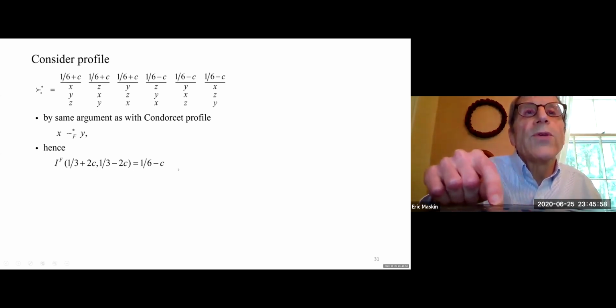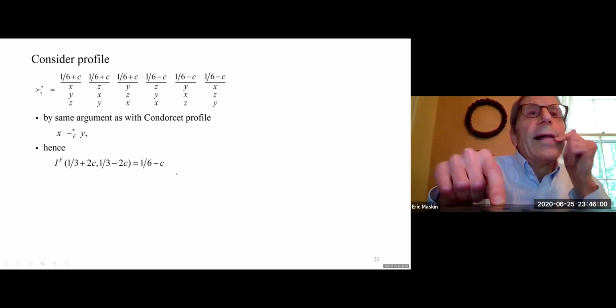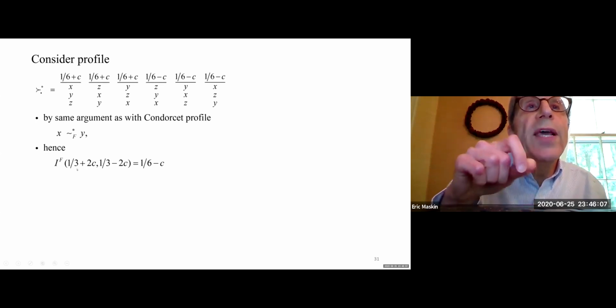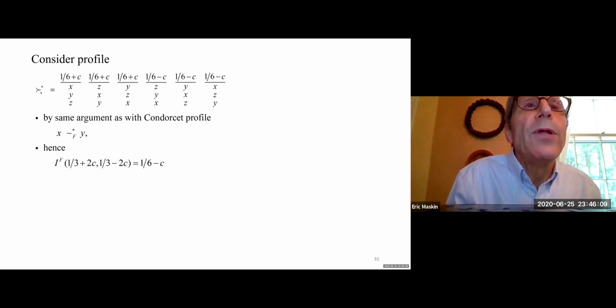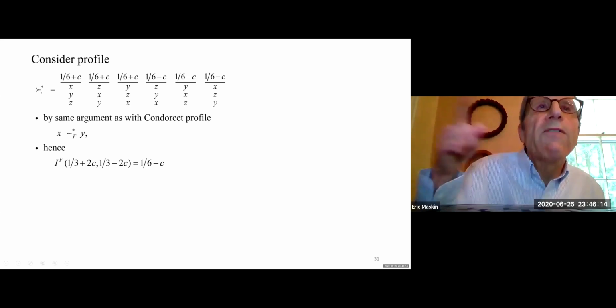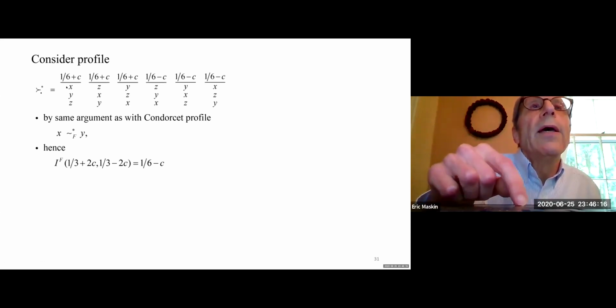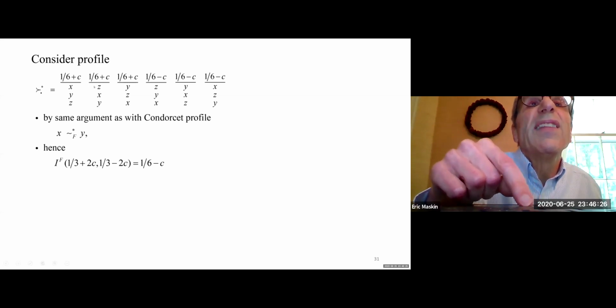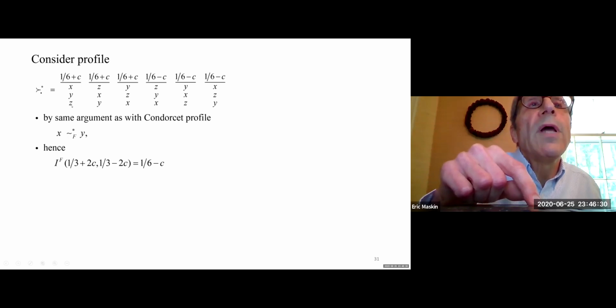Now, where does this come from? Well, this first number, 1/3 plus 2c, is the fraction of people who rank x above y when z does not fall between x and y. Now, that corresponds to these people here, and these people here. In this case, z is below x and y.